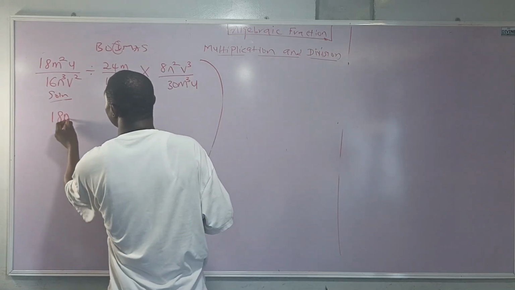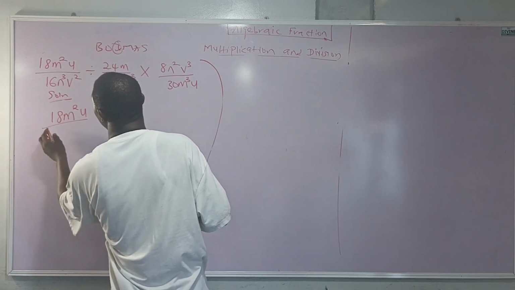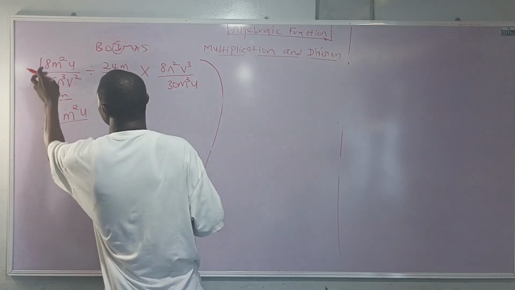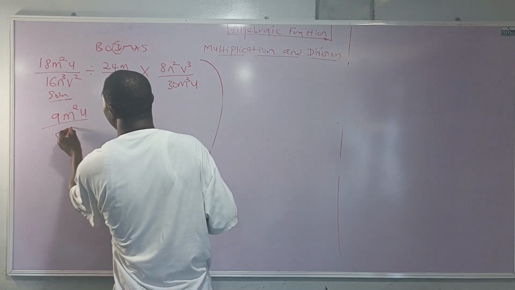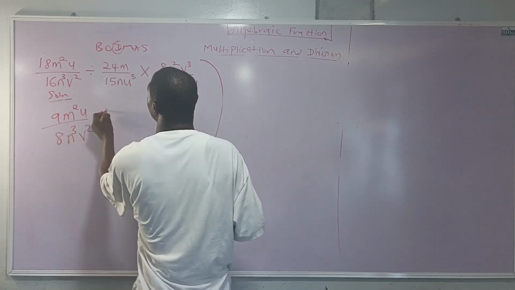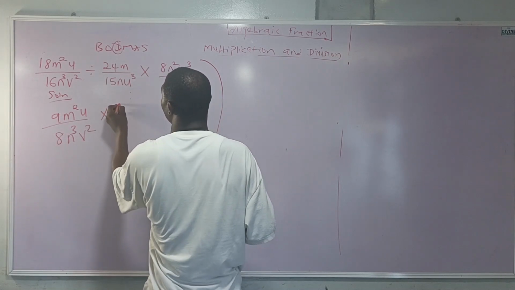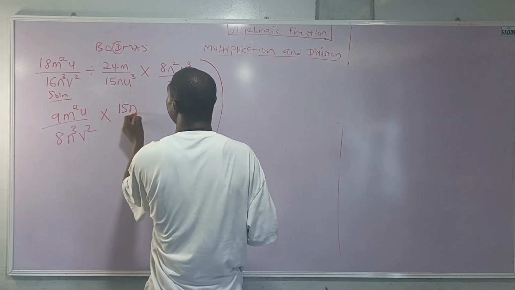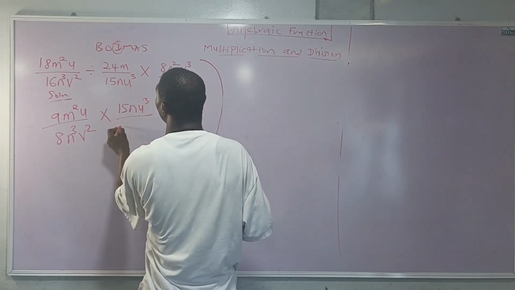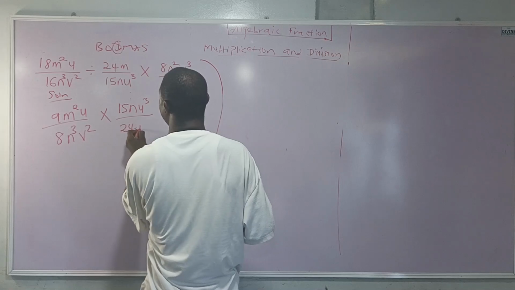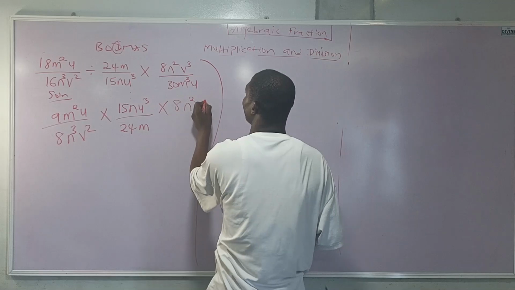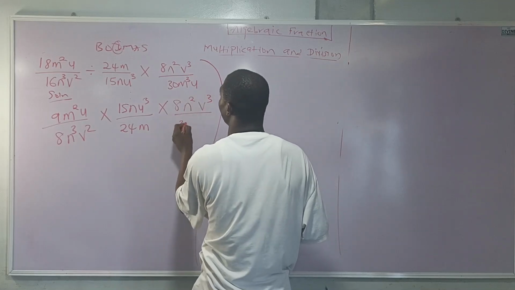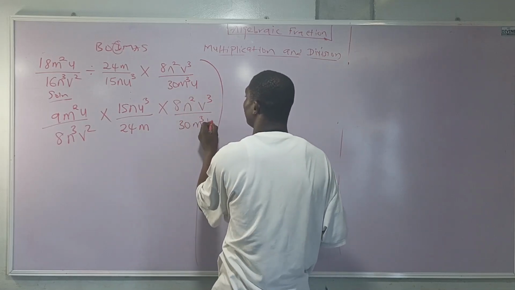So I have 18m squared u all over, but to make it easier, 2 can go into here, give me 9, and 2 can go into here and give me 8. n cubed v squared times, interchanging here, I'll have what? 15n u cubed all over 24m times 8n squared v cubed all over 30m cubed u.